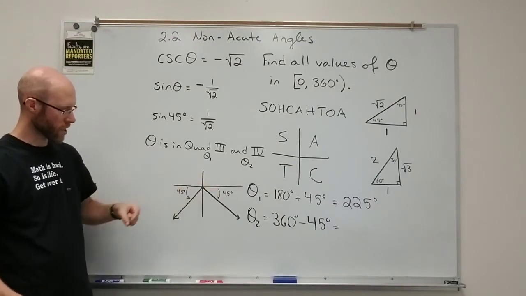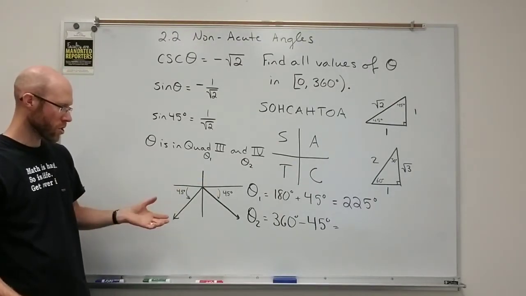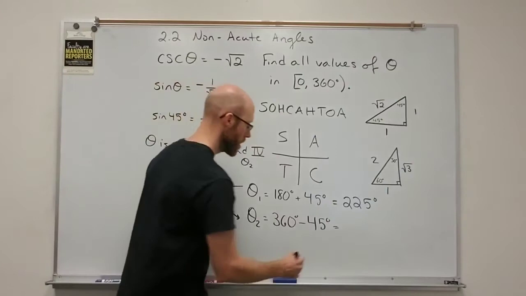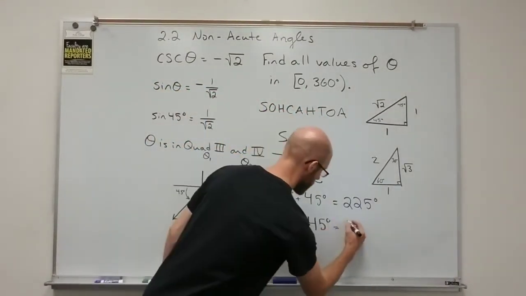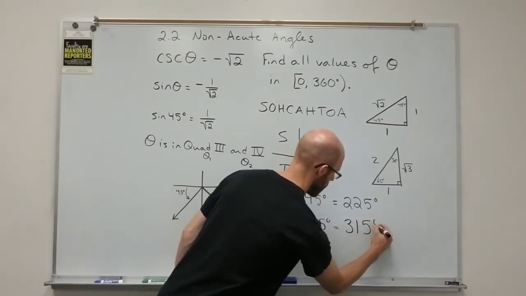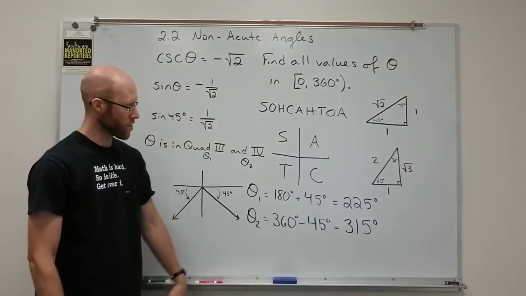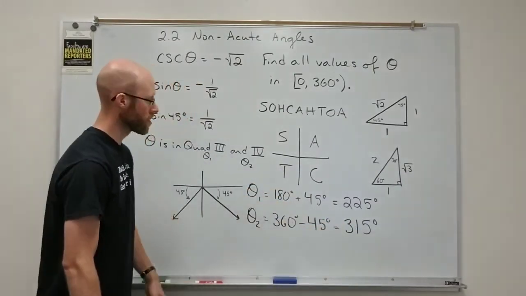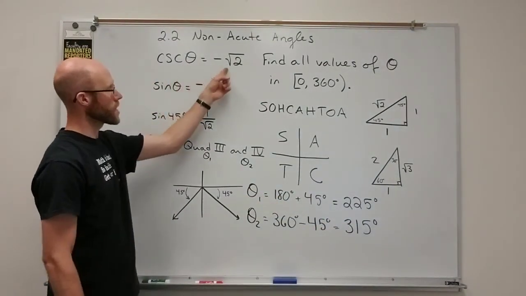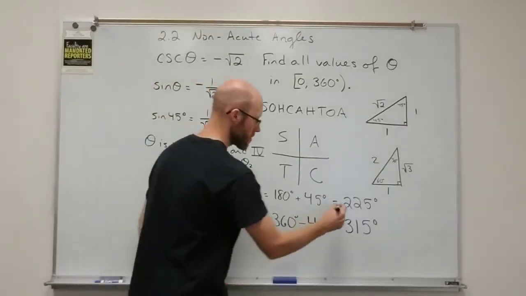So 360 minus 45 is, what's that, 215, right? Or no, I'm sorry, 315. That's a 315 degree angle. And so 225 and 315 should be the two angles that create a cosecant of negative root 2. So these are my two answers, right here.